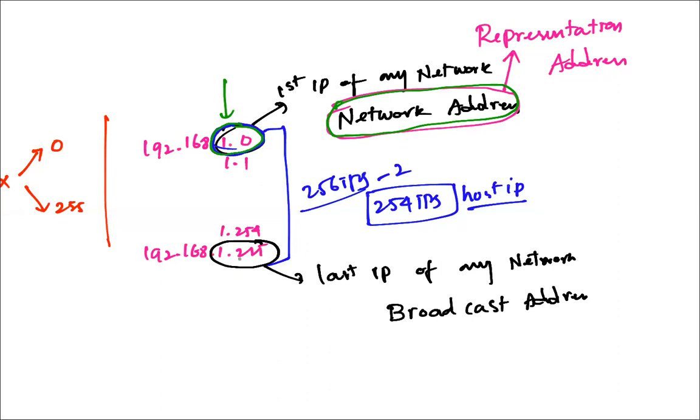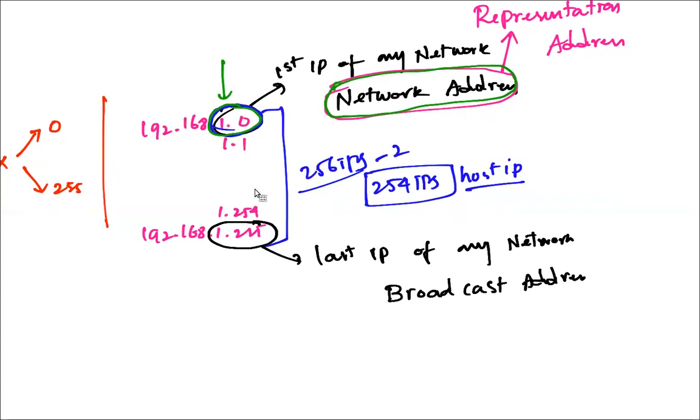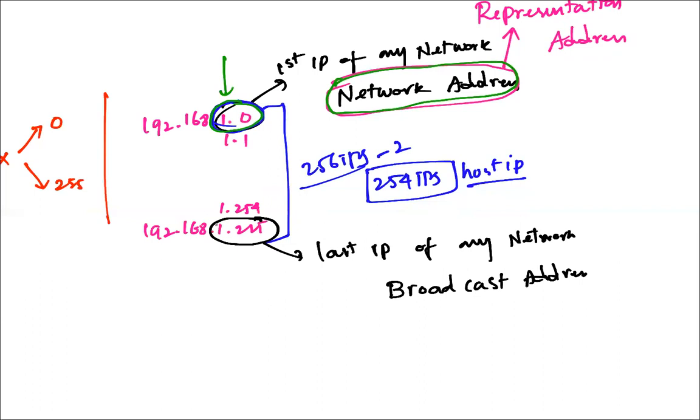Now let's understand what a broadcast address is. If you're not clear yet, don't worry, you will understand it in a few minutes. This last IP address is also reserved, and we call it the broadcast address.